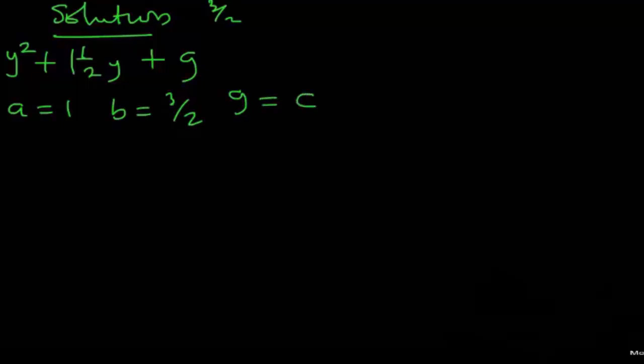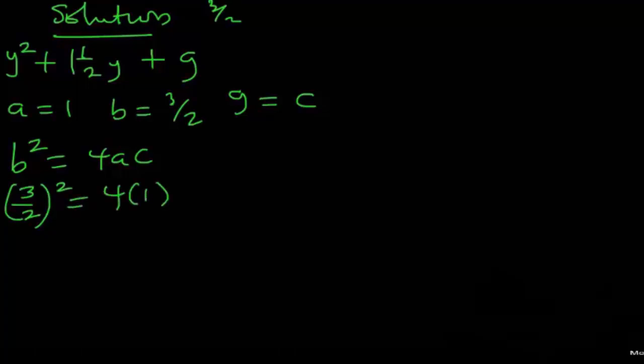The equation I gave you was b squared equal to 4ac for a perfect square to hold. So I fix my b here. I have 3 over 2 all squared equal to 4 times a, which is 1, times c, which is g. 3 squared is 9 and 2 squared is 4, so this is 9 over 4 equal to 4g over 1.